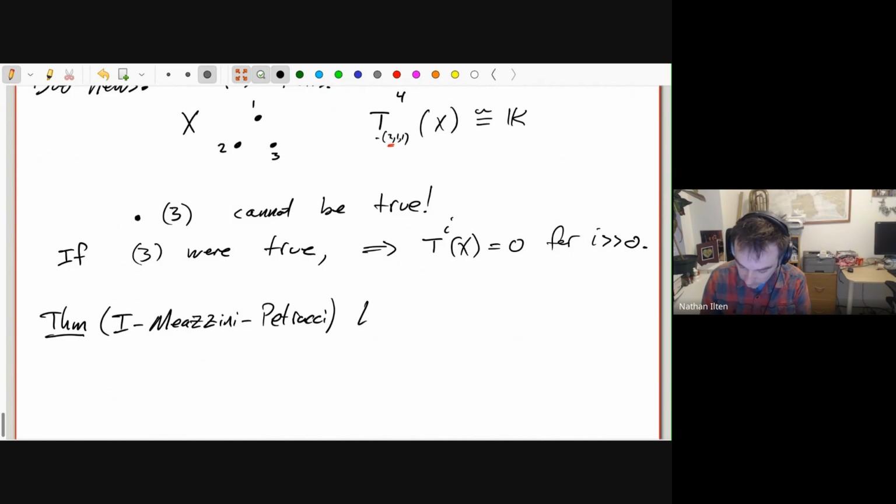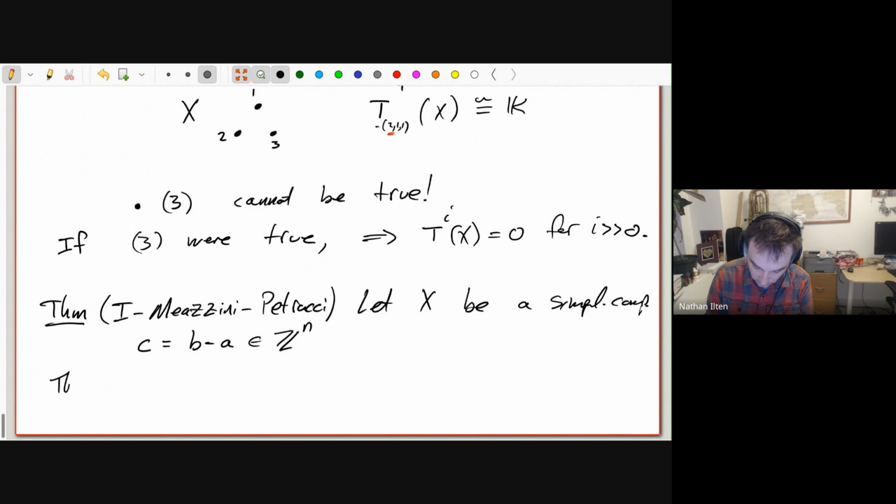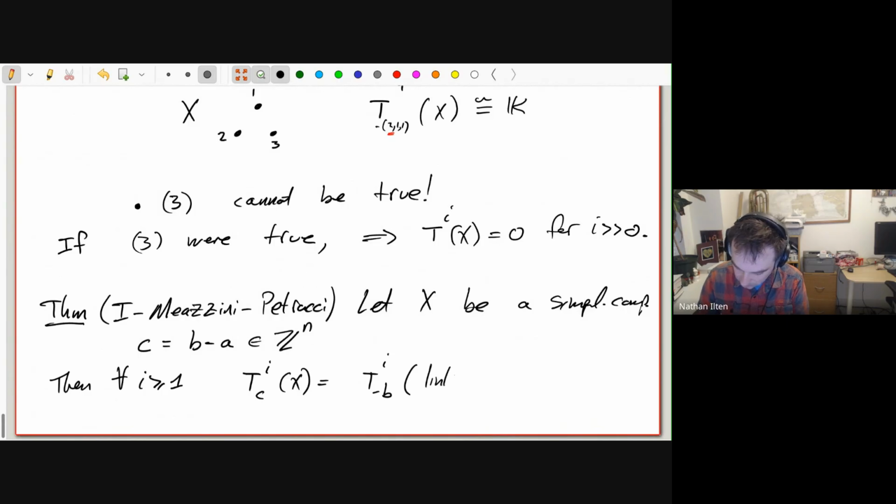Let X be a simplicial complex, and we take C to be equal to A minus B. This is our weight vector in Z to the N. Then for all i larger than or equal to 1, TiC of X is equal to Ti minus B, and here I take the link of the support of A in X. Okay, so this is what we call the localization formula.